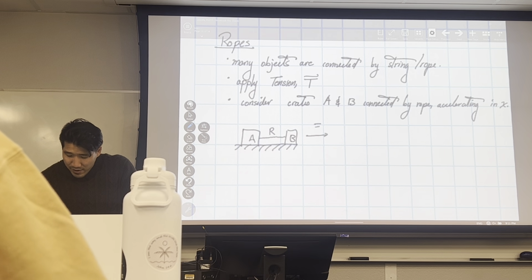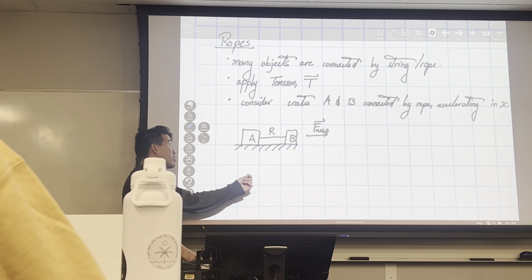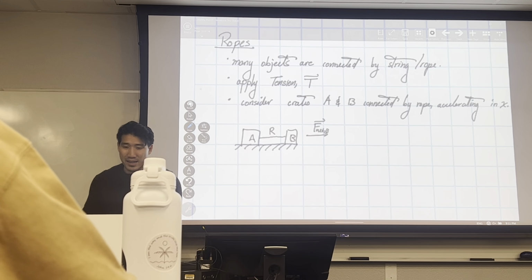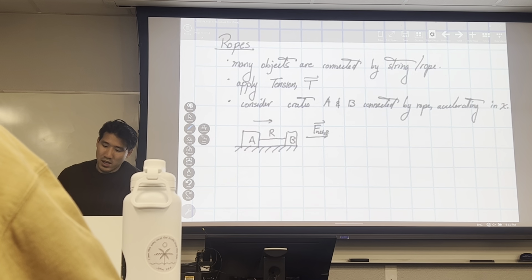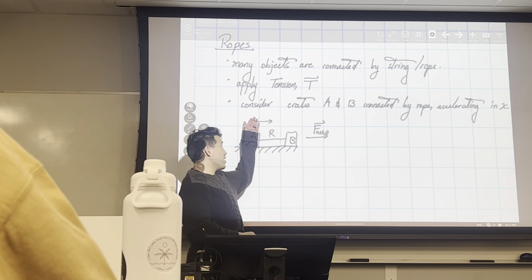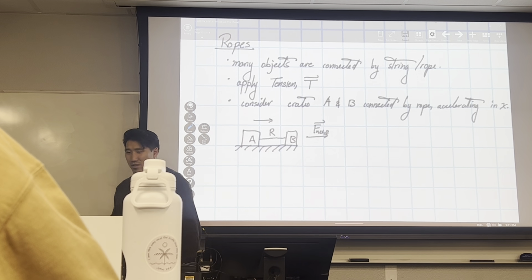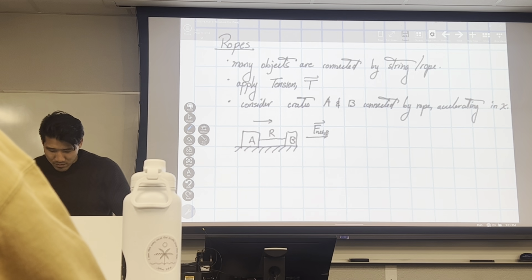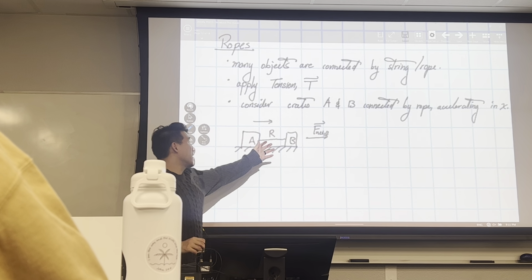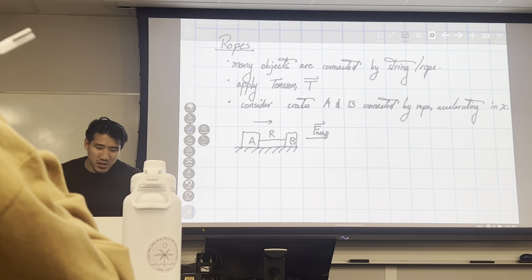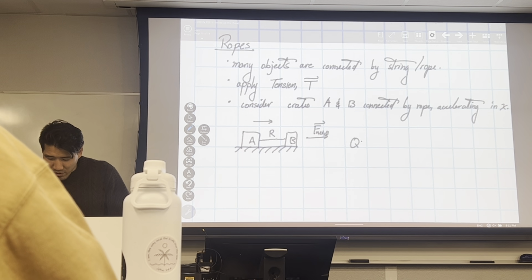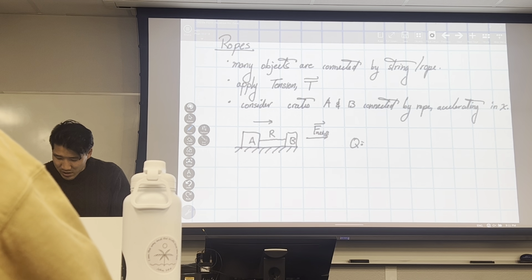And let's say there is some F net on object B such that the entire system is moving this way. So B is pulling all the objects together. With this in mind, I have a question for you guys.